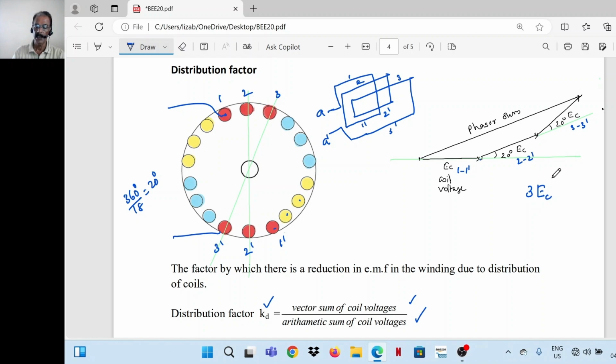So here the arithmetic sum is 3 times EC, whereas the phasor sum we have to find out depending on the electrical angle between two coils.